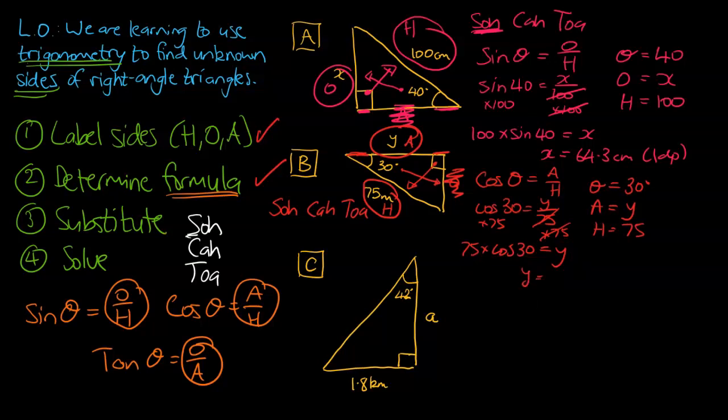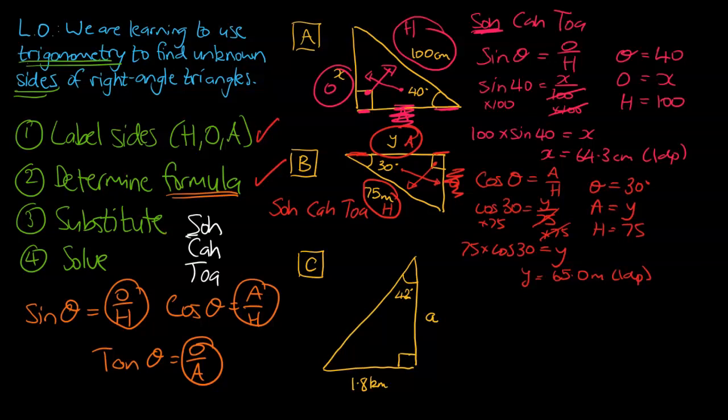Y is going to be equal to 75 times cos 30. That is equal to 65.0 meters, and that had a 1 dp rounding. Just a reminder, if your number is really off and it's not close to that number, it means your calculator is in the wrong setting.